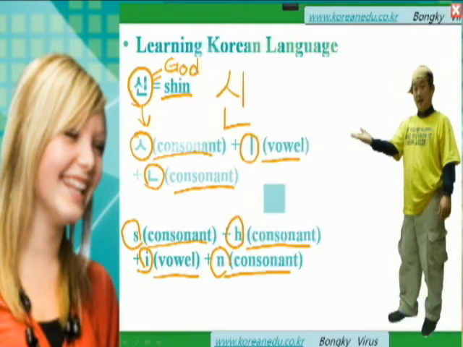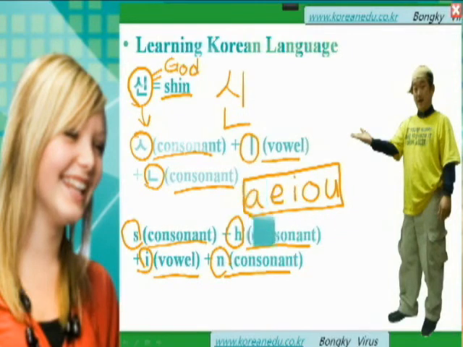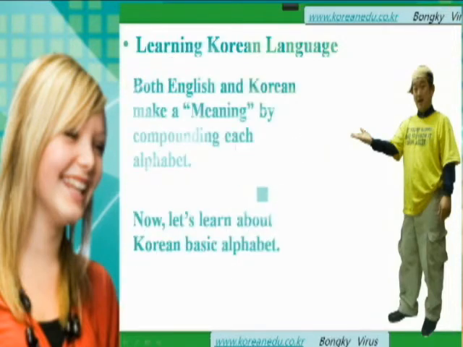In the English alphabet, there are 5 vowels: A, E, I, O, U, right? As I said before, in the English language and the Korean language, all the sounds and alphabets compound together and make a sound, and it also has meaning. Okay? So both English and Korean make a meaning by compounding each alphabet, as you see in the previous samples.